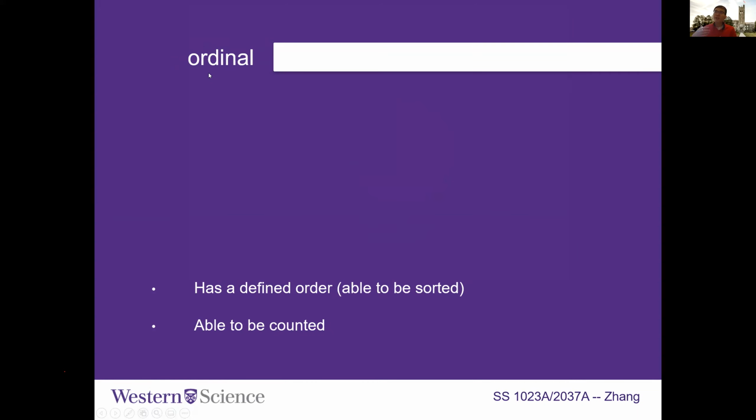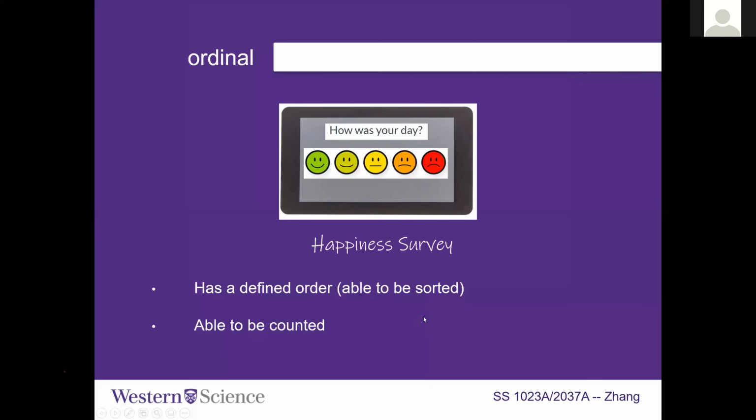Another very similar type, which is also able to be counted, but the difference is that it can be sorted. For example, when we give you a happiness survey, it could take 5 different results: very happy, mildly happy, no difference, unsatisfied, very unsatisfied.